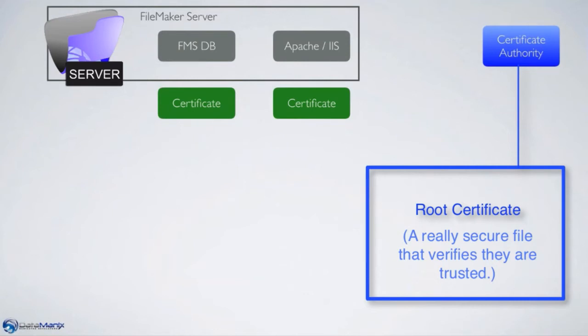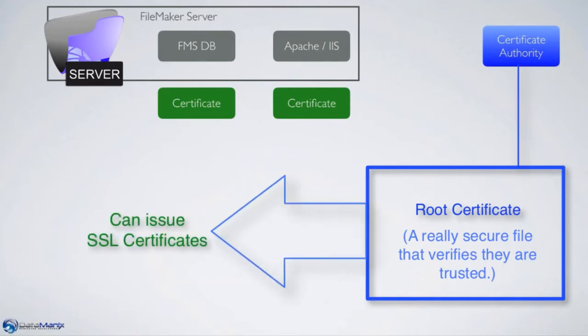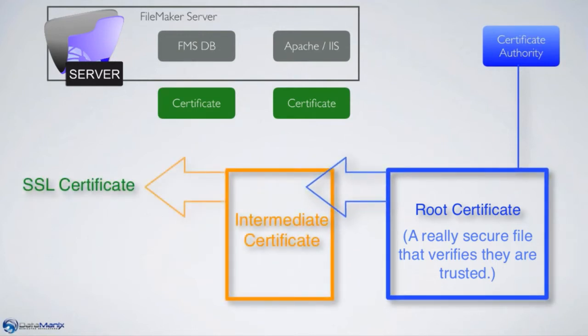The certificate authorities need to protect those root certificates very strongly, because with the root certificates you can issue SSL certificates, and it cannot be trusted if someone malicious gets their hands on those root certificates. So in order to strengthen the security, many certificate authorities are using something called intermediate certificates.